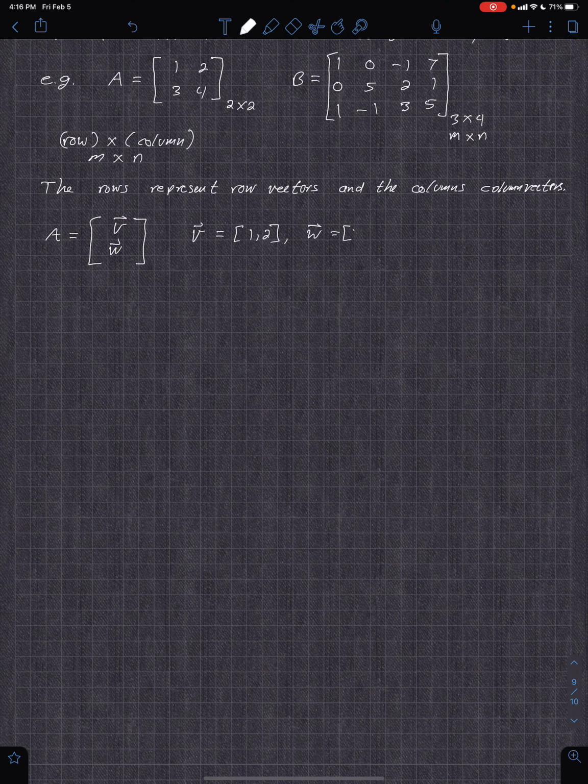The general way of writing it is like this: A, M by N, and we use this notation A sub I J, like that.